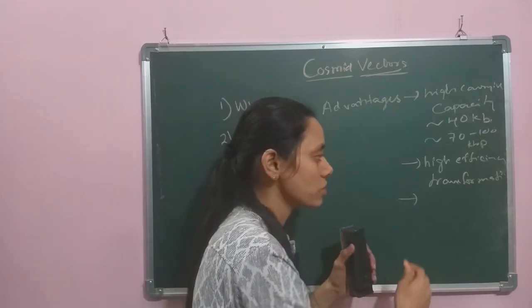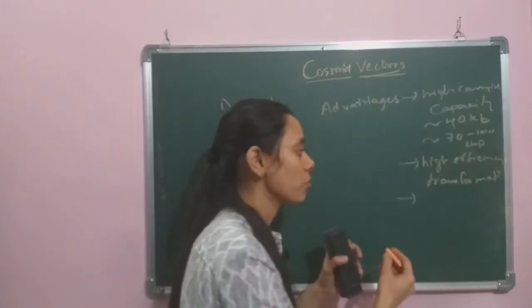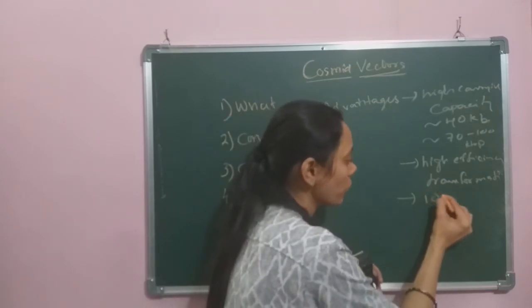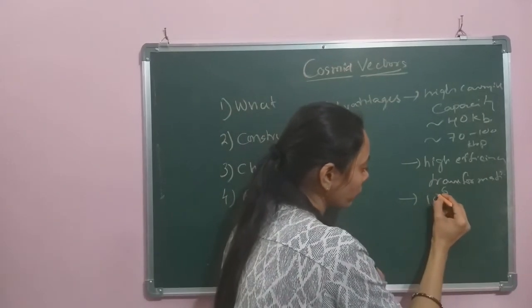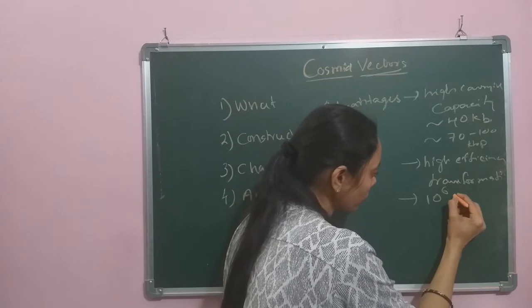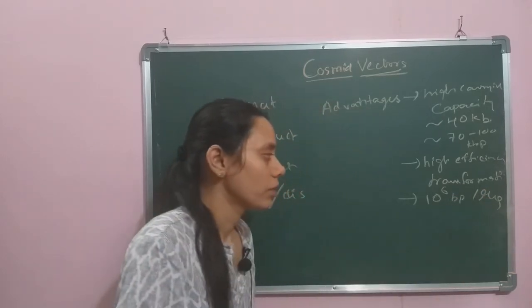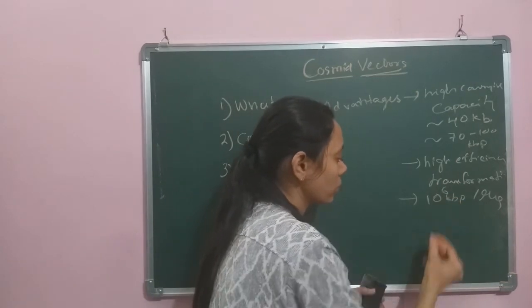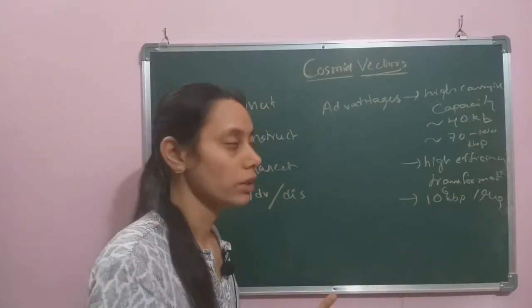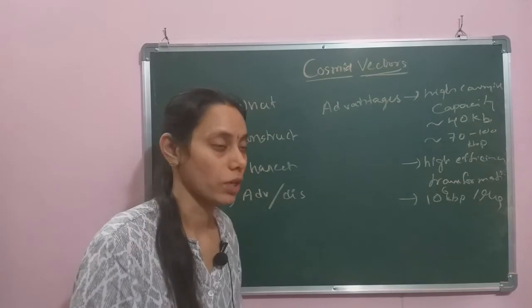So the efficiency of the transformation is much higher. That means 10 to the power of 6 base pairs of DNA per microgram of DNA. So this is much higher than the native plasmids and the lambda phage vectors.